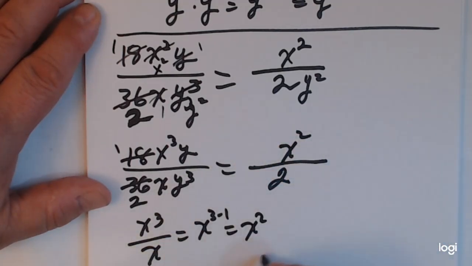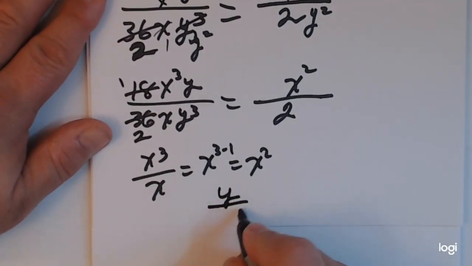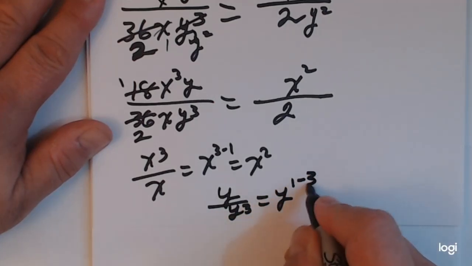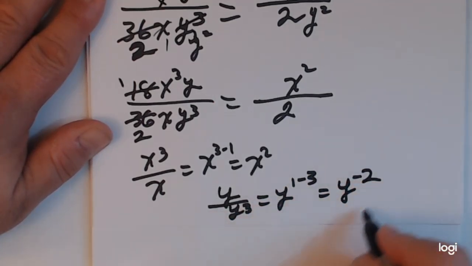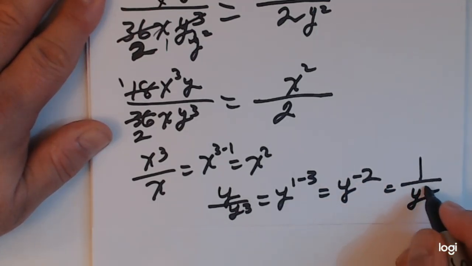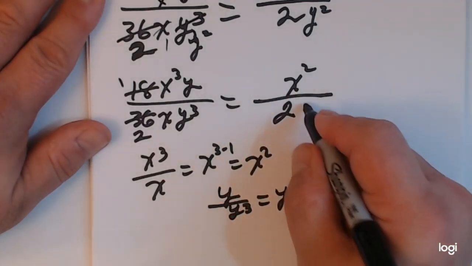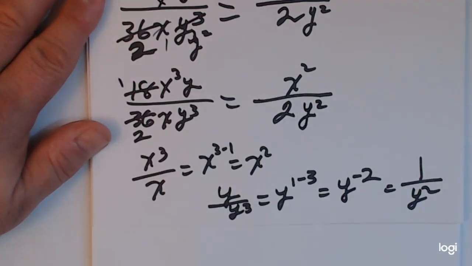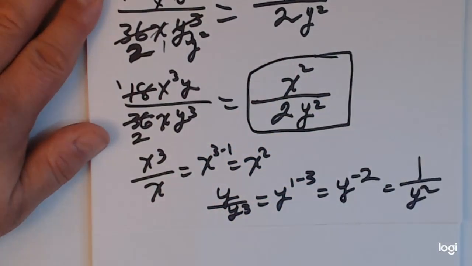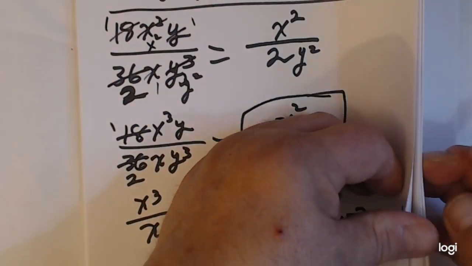And y over y cubed is y to the 1 minus 3, which is y to the negative 2, which is, hey, kick me into the denominator as 1 over y squared. And that's exactly what we're going to do. We're going to put the y squared down in the denominator. So there's our solution to this problem. Let's move on.